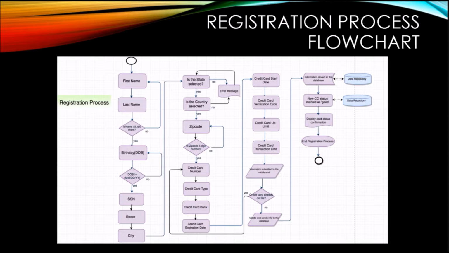If it's not on file, the middle end sends that information to the database. That information is stored in the data repository. The credit card status is marked good, and that also gets saved in the repository. The card status is confirmed, and the registration process ends there.